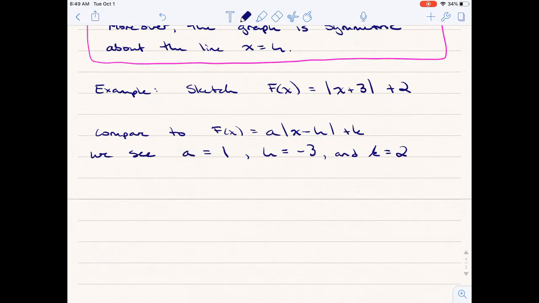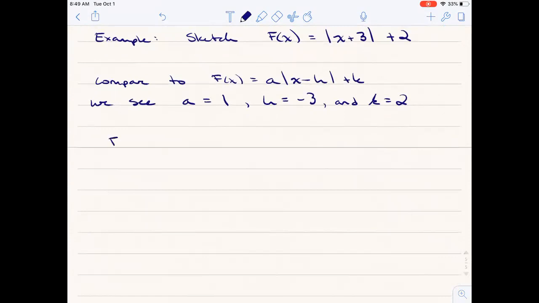Easiest thing to do is to find the vertex. Where is this thing kind of hinged at? So find the vertex. The vertex is at the point in general h comma k, which in our case is at negative 3, 2.